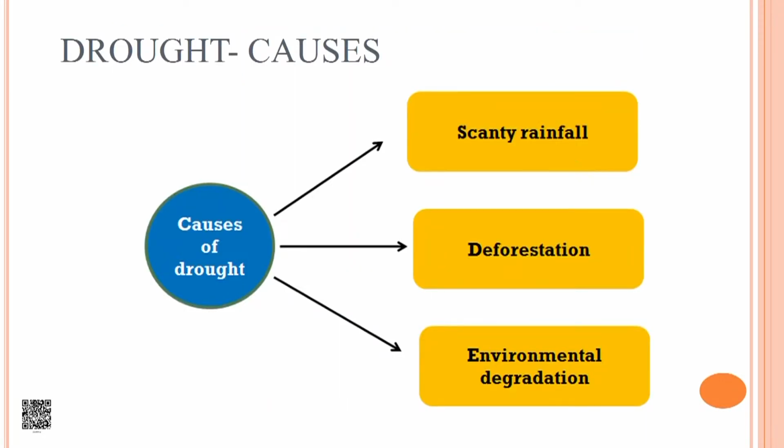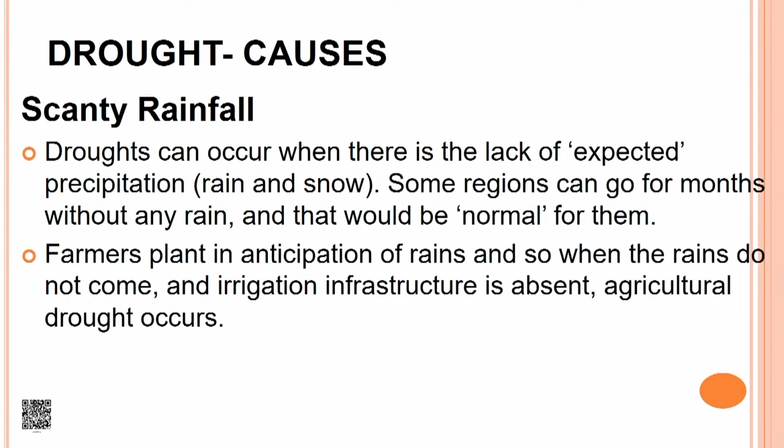So, there are some causes for drought. One is scanty rainfall, second is deforestation, and third is environmental degradation. We will talk in detail about what scanty rainfall is. Drought can occur when there is a lack of expected precipitation.